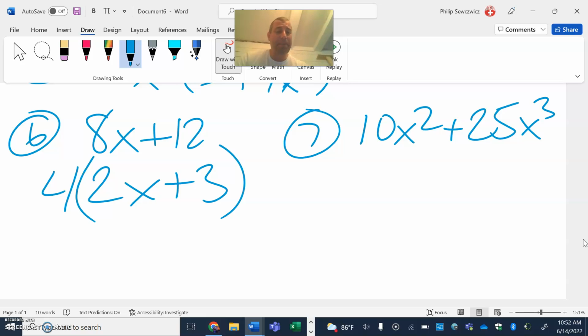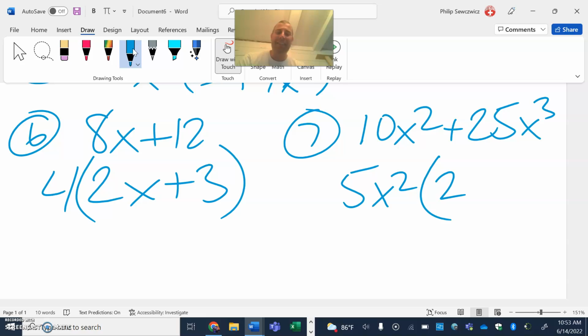Let's look at question number 7. I've got numbers and letters in common. I can divide them both by 5. And not only that, I've even got letters that are in common. I can go out to x squared. So the idea is what do you multiply 5x squared by to get to 10x squared? It's just a 2.